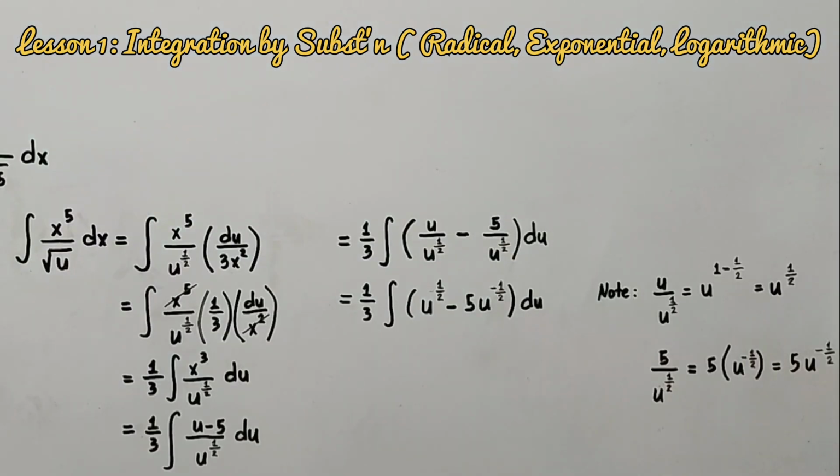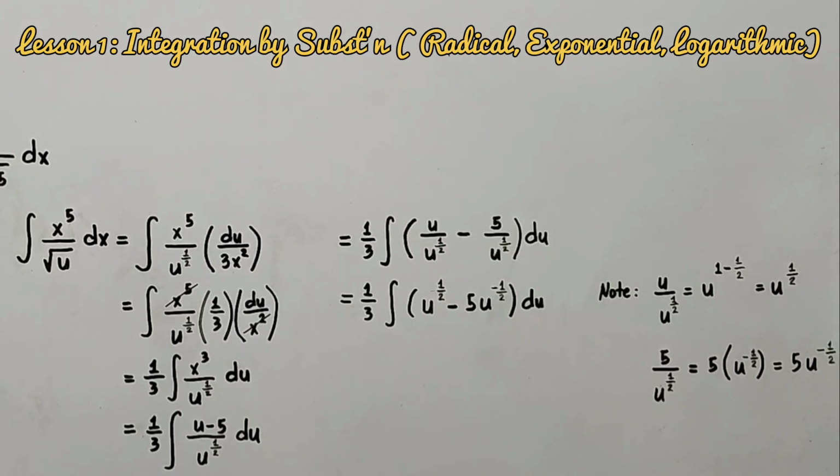After that, we break down the integrand into u over u power 1/2 minus 5 over u power 1/2 du. U over u power 1/2 is equal to u power positive 1/2. And 5 over u power 1/2 is the same as 5 times u power negative 1/2.